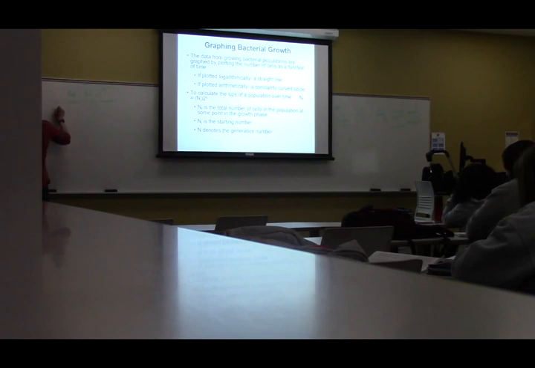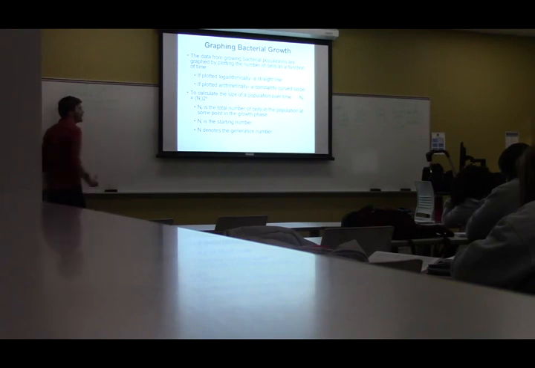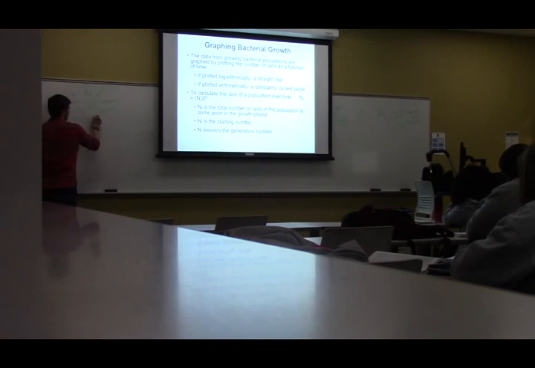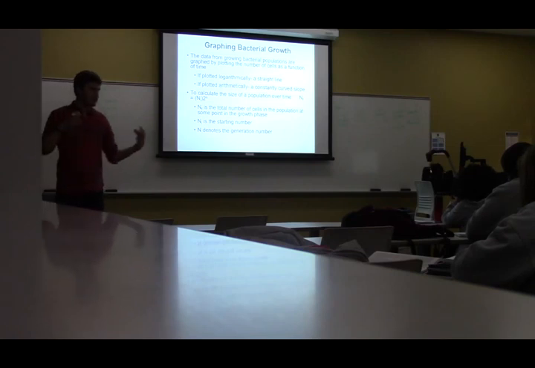And NI is the initial number of organisms. So how much should we start off with? How much should we add to our medium? And then N is a ratio between the total elapsed time over the doubling time.